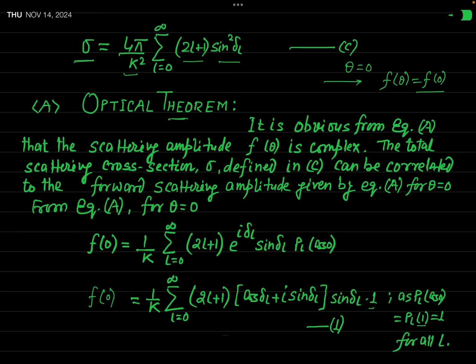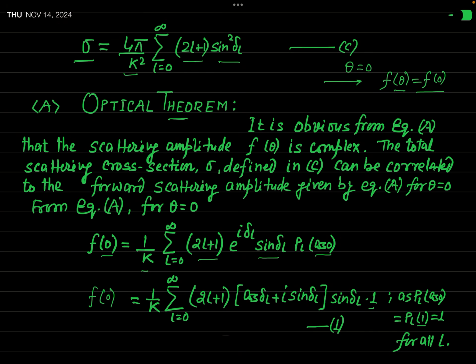For this, let us first of all find the value of f of theta for theta equal to 0. In general, f of theta is equal to 1 over k summation over L of 2L plus 1 e to the power i delta L sine delta L times PL of cos theta. If you substitute 0 in place of theta, then in place of cos theta there will be cos 0.